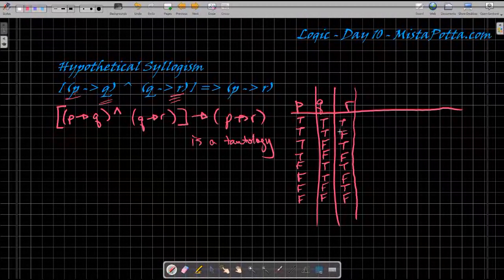Now we need to do our parentheses. So we have P conditional Q. And of course, it's only going to be false when the antecedent is true and the consequent is false. So only in the 3rd row and the 4th row.